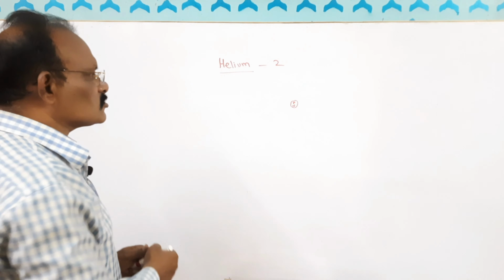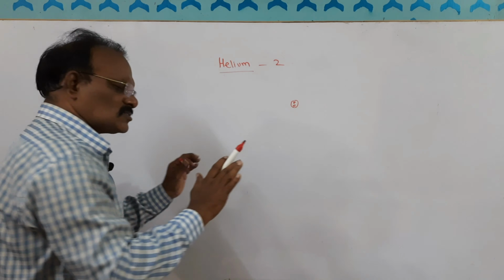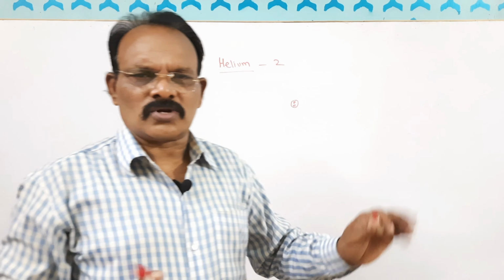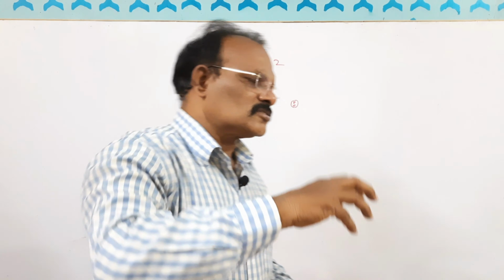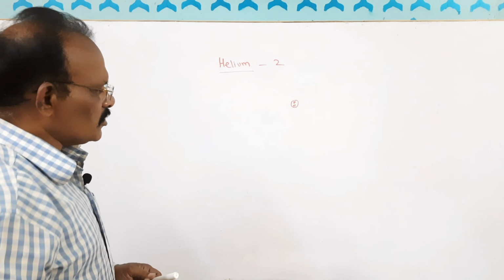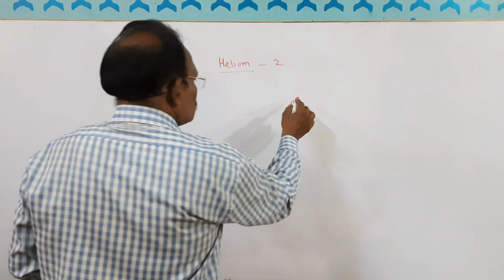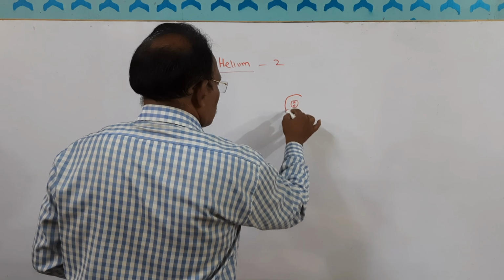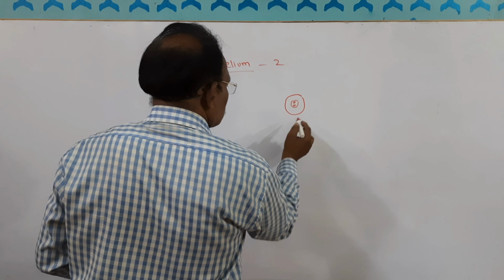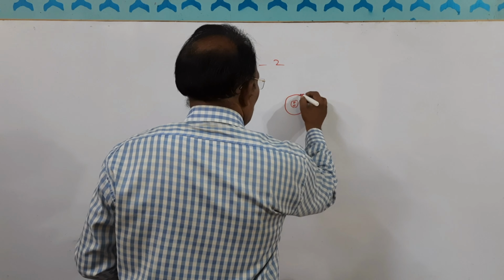Now what about electrons? Electrons revolve around the nucleus in a similar manner to the solar system, where the Earth and other planets revolve around the sun. Similarly, the electrons keep on revolving around the protons and neutrons. You see, this is the first path, and this is called a shell.